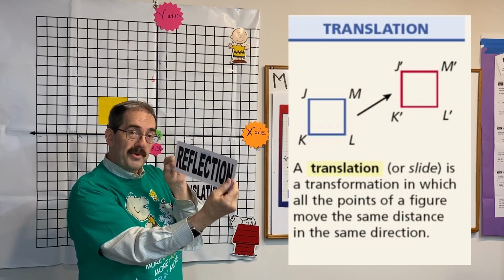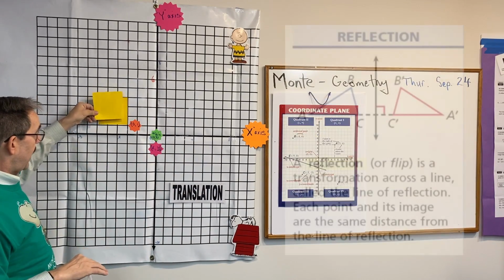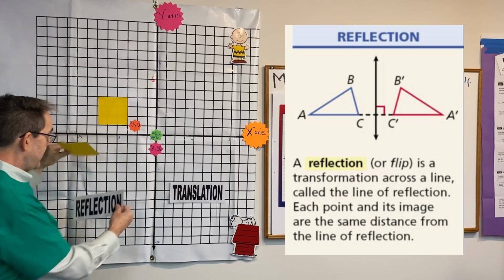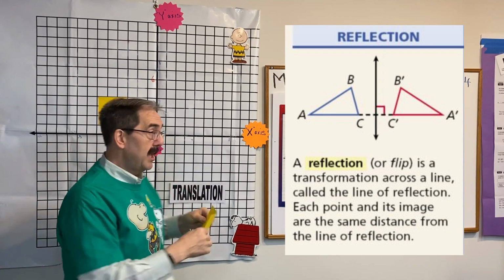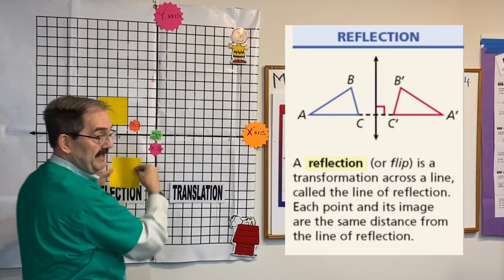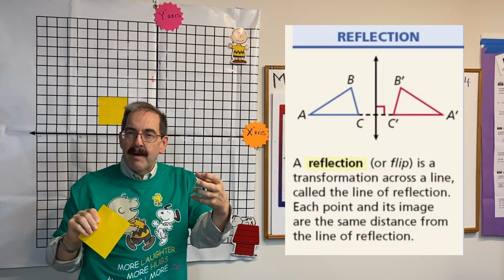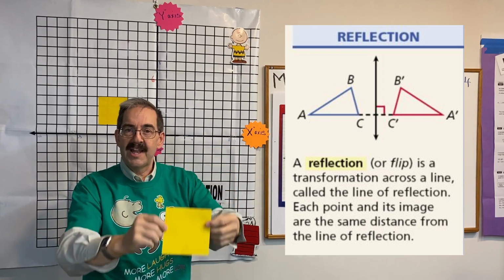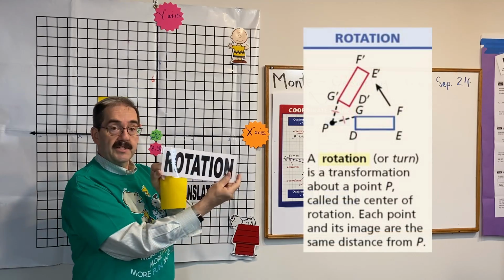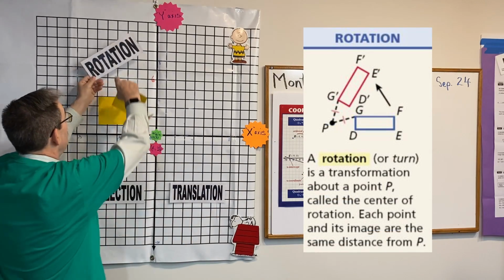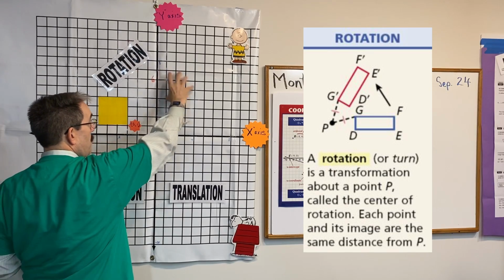Now, to reflect, what if I take this shape and I reflect it down? You can use the word flip. I flipped it. We don't like that word. Proper vocabulary: to reflect. And then the last one, we do lots of it, is called a rotation. So I'm going to put that kind of at an angle like this because we're going to rotate.